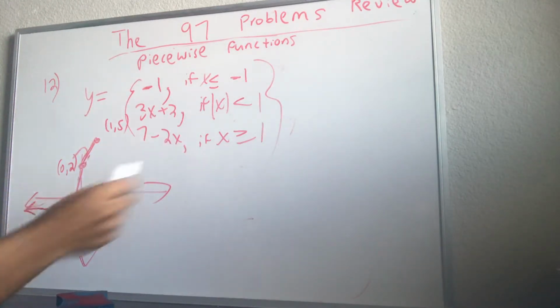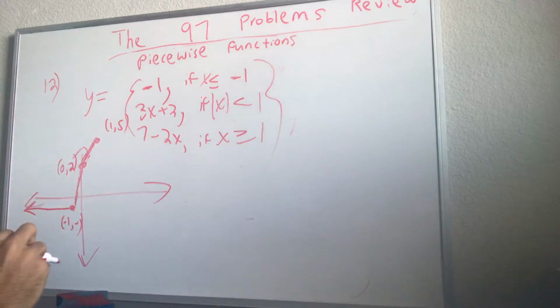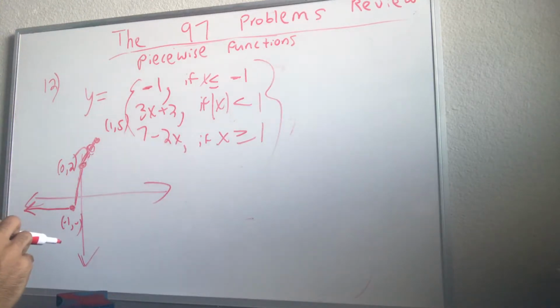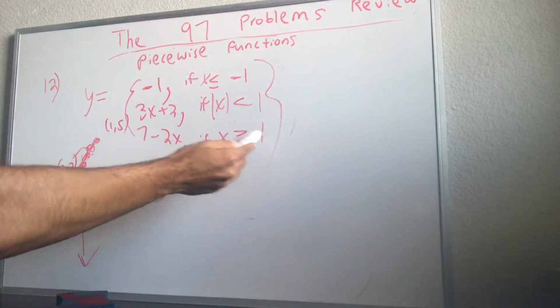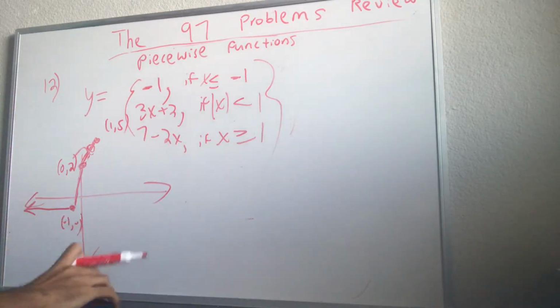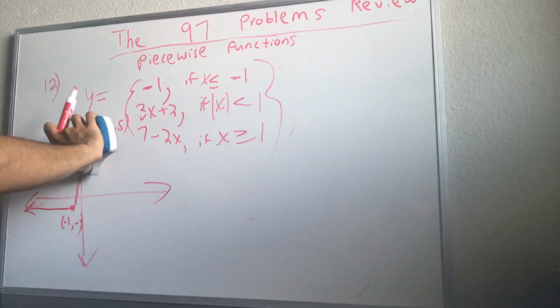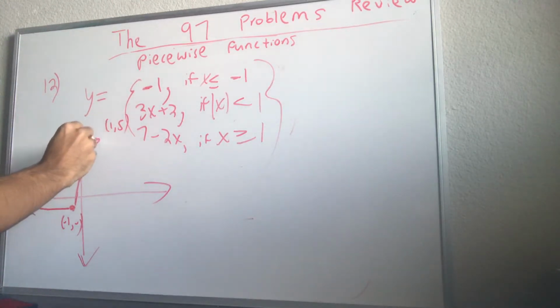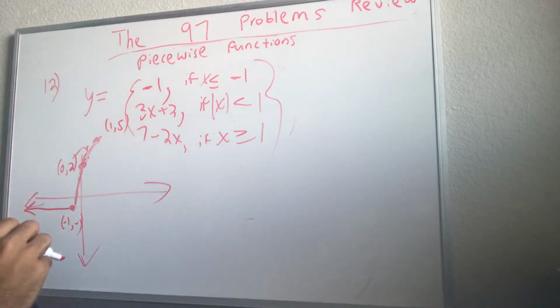If you had put 1 here and got something like 4, then you would put a hole symbol, because you're saying that it's approaching that. But since you plug 1 in here and still get 5, and plug 1 in there and still get 5, this indicates that it is continuous. There are no discontinuities in this piecewise function, so everything is connected.